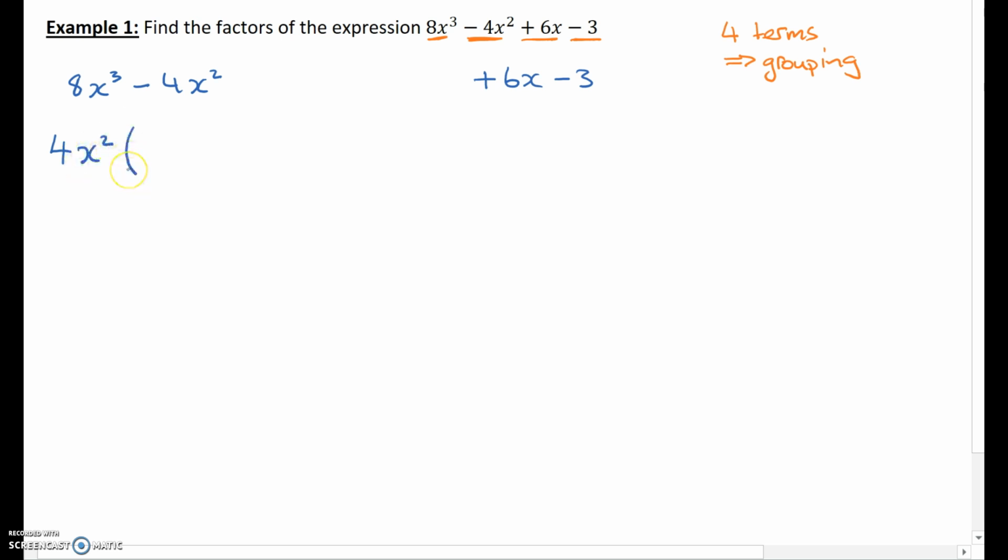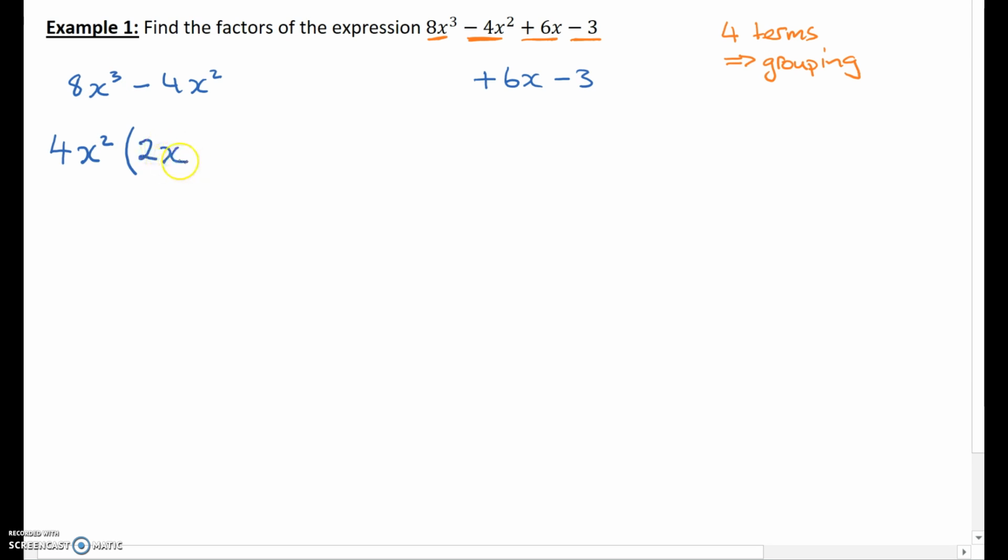4x squared. And now you ask yourself, what do I need to multiply 4x squared by to give me each of these original expressions? So what do I need to multiply 4x squared by to give me 8x cubed? What do I need to multiply 4 by to give me 8? 2. I need to multiply 4 by 2 to give me 8, so write a 2 down here. And then I'm asking as well, what do I need to multiply x squared by to get x cubed? Well, there's a difference in the power of 1, so you need 1x, okay?